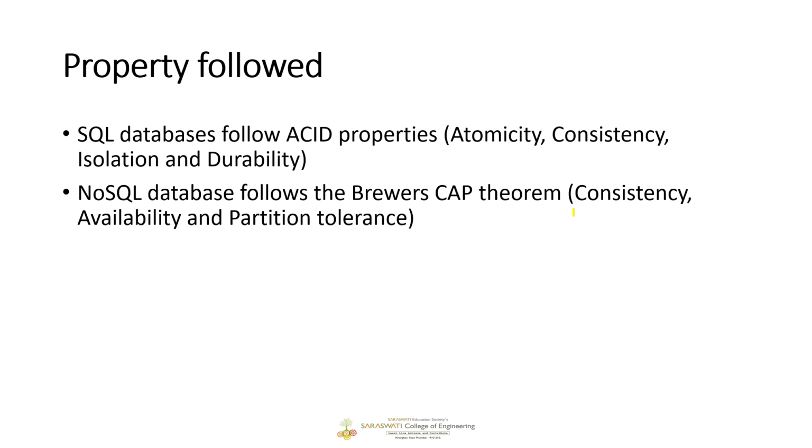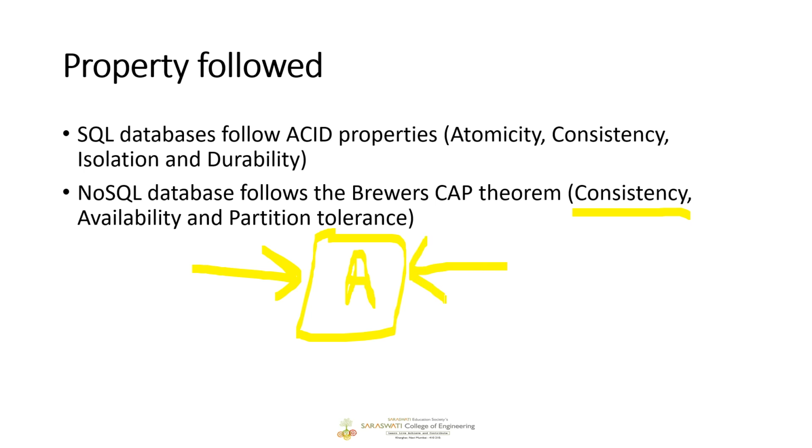What is consistency? Let's take a very simple example. You have an account and somebody is transferring money into your account, and at the same time you are also viewing your account. Then there is a possibility that the balance you see is not correct, because the transaction is still taking place and has not completed.